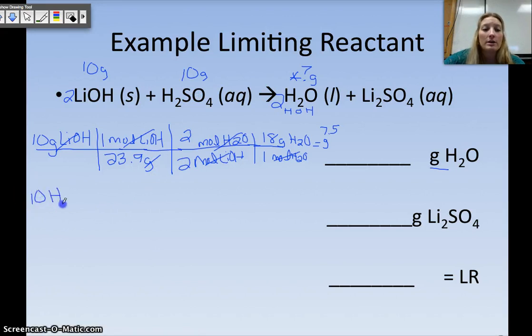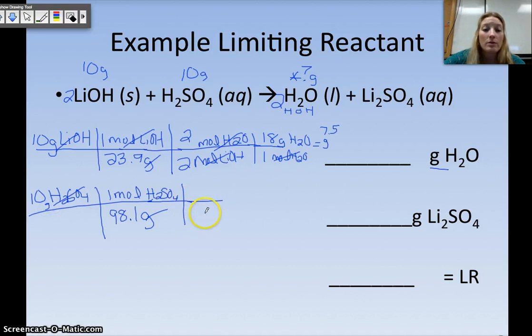So if we take our 10 grams of H2SO4, and same pathway, we're going to go grams to moles, and moles to grams again. So H2SO4 to grams, and if we calculate that out from the periodic table, 2 hydrogens, 1 S, and 4 oxygens, it's 98.1 grams. Our grams cancel.